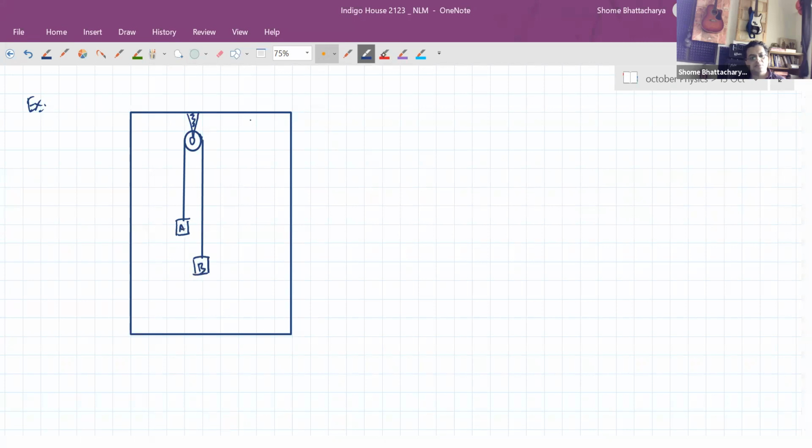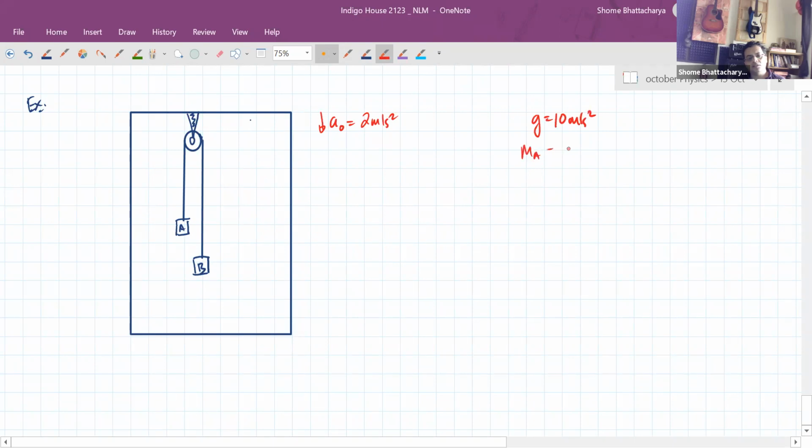So this time our elevator is descending with an acceleration of again 2 meters per second square. g's value is given to us as 10 meters per second square. And the mass of block A is, let's say, 6 kilograms, and the mass of block B is 4 kilograms.